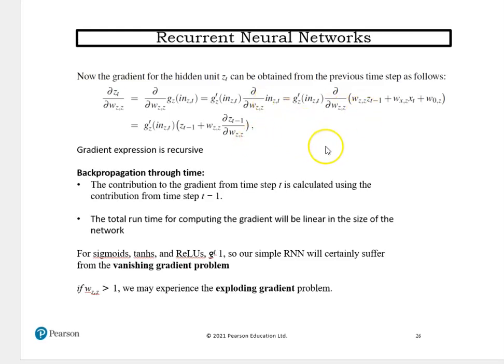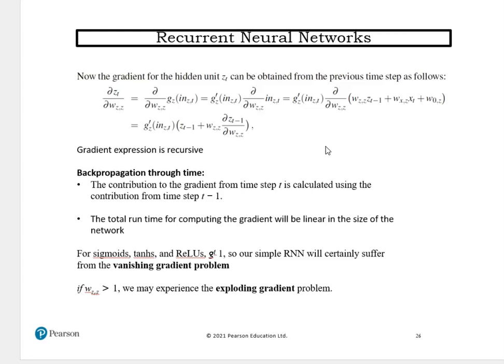Just notice two things about this equation. First is that the gradient expression is recursive, which means that the contribution to the gradient from time step t is calculated using the contribution from time step t minus 1.